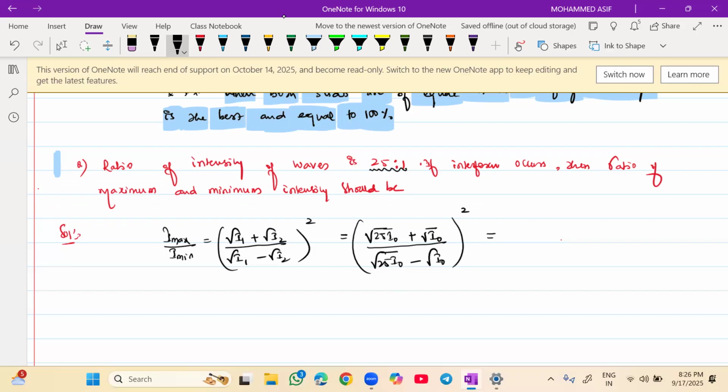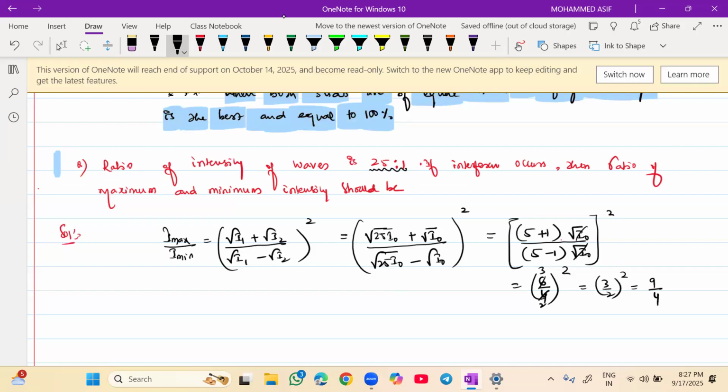Root 25 is 5, so it is 5 plus 1 into root of I naught, divided by 5 minus 1 into root of I naught, to the power of 2. I naught will get cancelled. This is 6 divided by 4 whole square, so it is 3 by 2 whole square. 3 square is 9, by 4. So 9:4 will be the answer. Am I clear? Yes, sir.